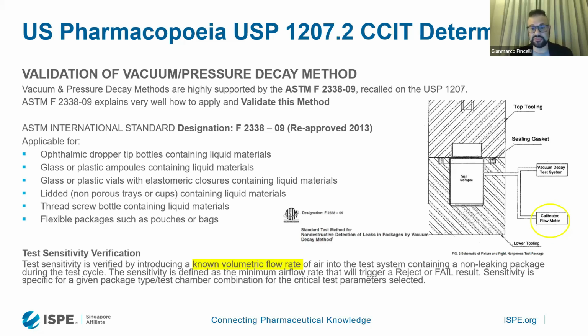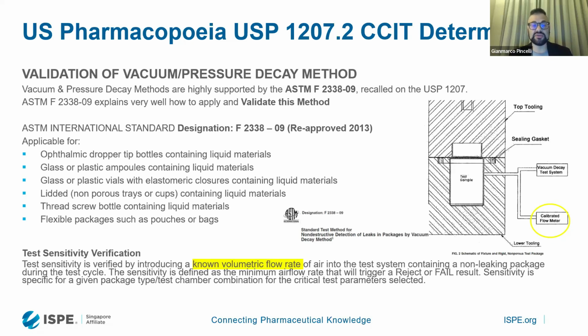So it's saying to use a calibrated leak outside of the container. If you remember, when we were talking about the vacuum decay method, I said it was better to focus not on a hole diameter, but on airflow.